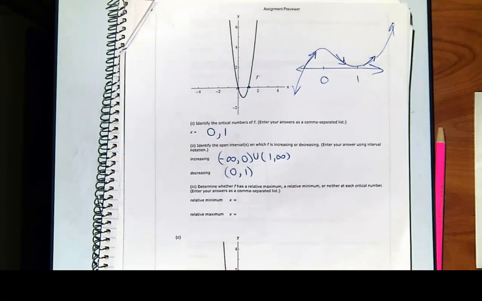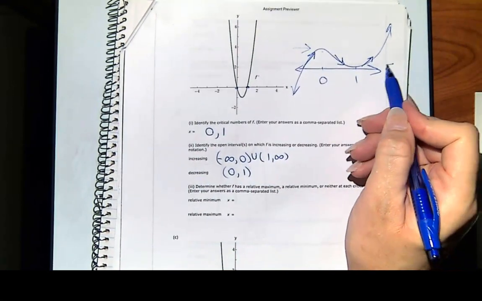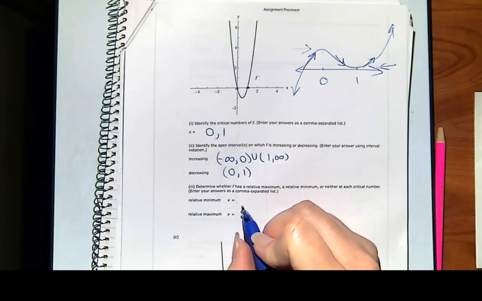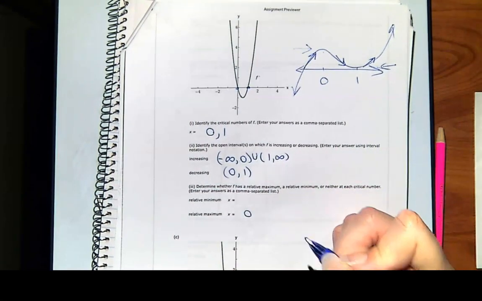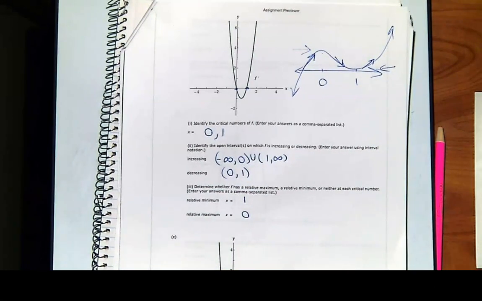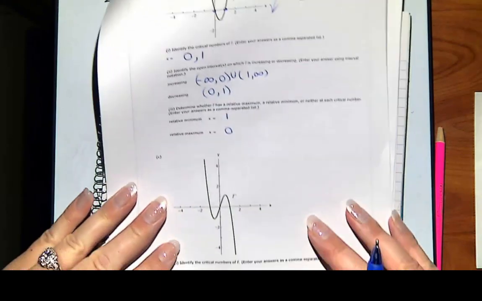So do you have a max or a min? Well, you just drew it over here. Right there, there's a max, and right there, there's a min. So you have a max at 0, and you have a min at 1. Of course, I'm a nerd, but it's kind of fun to see how these things work out that way.